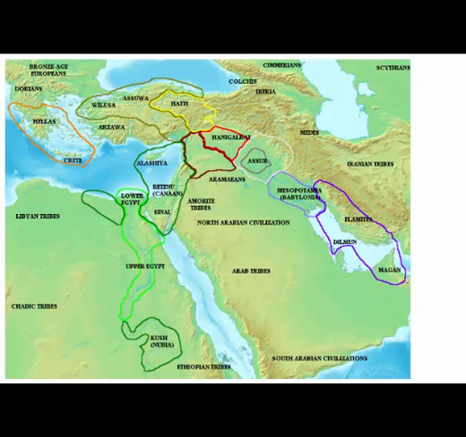Okay, they arise first. The date usually given for their rise is the 9th century or so BC. So 9th century, we're talking around 800 BC. We begin to see the Assyrians rise. Well, the Assyrians have their great heyday in the 8th century. In the 7th century, they begin to decline.